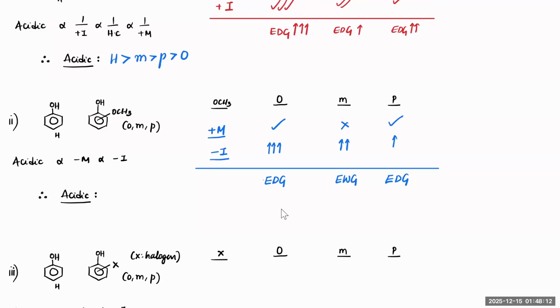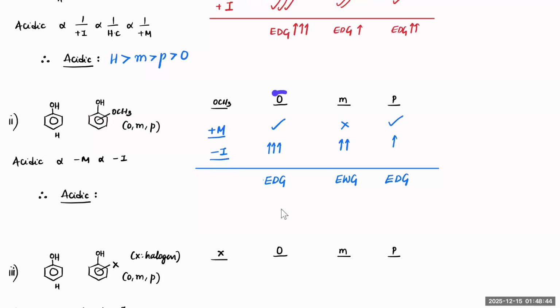Obviously, you can see here inductive effect is more. That means it will try to withdraw electron density towards itself. It will try to increase the acidic strength. While here it will try to decrease the acidic strength. So if minus I is more, we can say it has more acidic character.